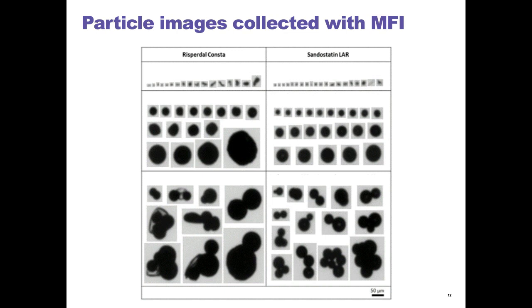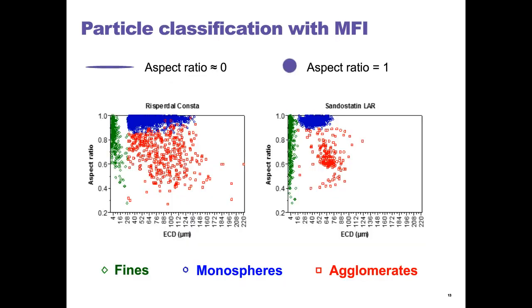We can take this type of particle classification one step further with the help of the MFI software. One of the parameters that the software reports is the aspect ratio of each particle. The aspect ratio is the ratio of the minor axis length over the major axis length, and a particle with the shape of a needle will have an aspect ratio that is close to 0, while a perfect circle will have an aspect ratio of exactly 1.